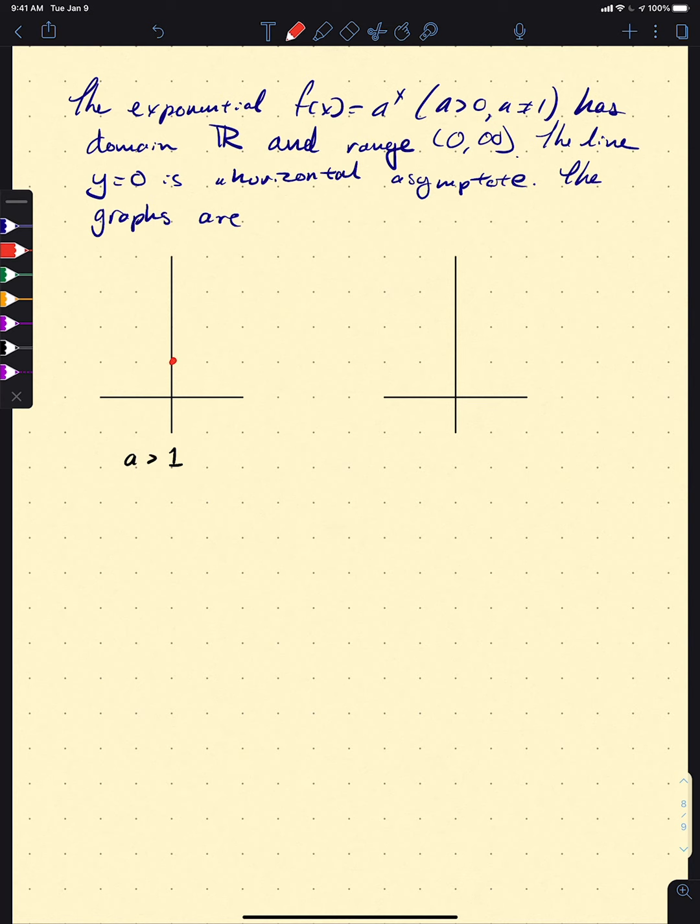And anything to the first power is that number, so we're always going to have (1, a) on our graph, right? Our function's going to look something like that, with a horizontal asymptote going this way and exploding very quickly going that way, right?